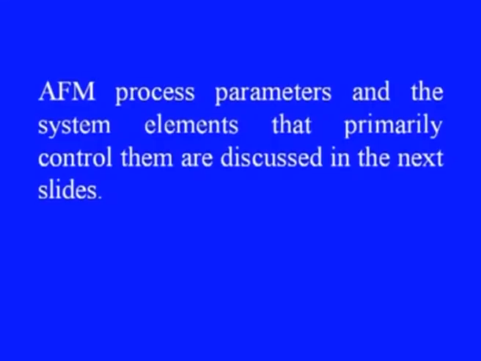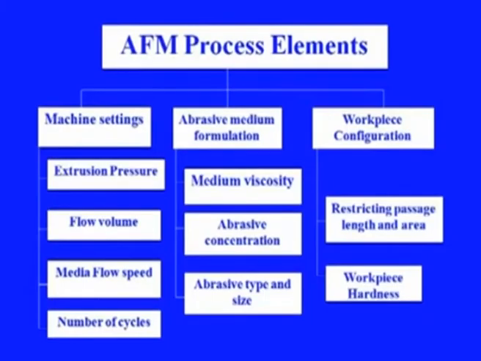Now, let us see the process parameters and the system elements that control the process performance. The different process parameters or process elements are on the screen now. These parameters are broadly classified into three categories. One is machine based parameters, depending on the machine settings.